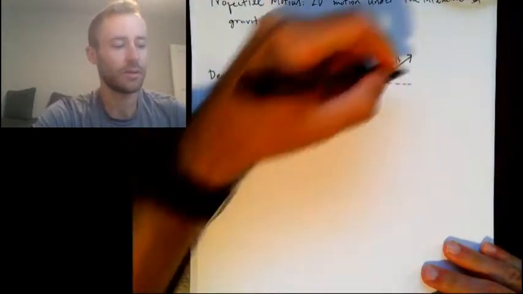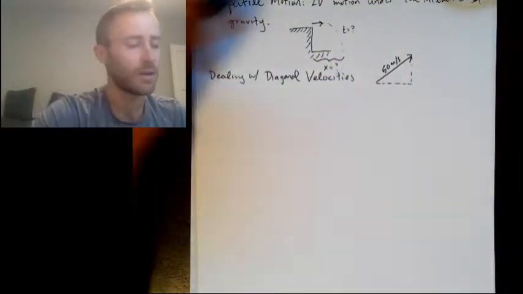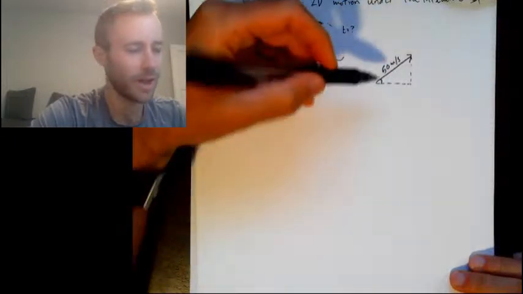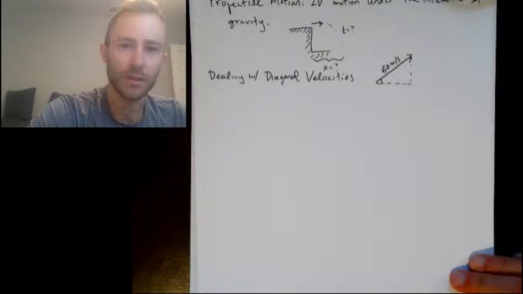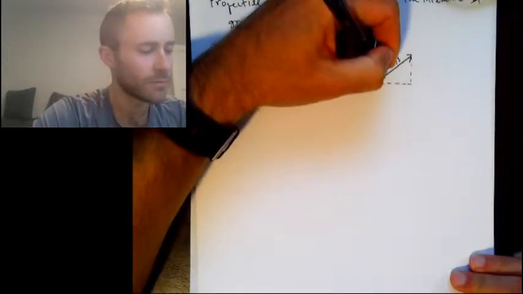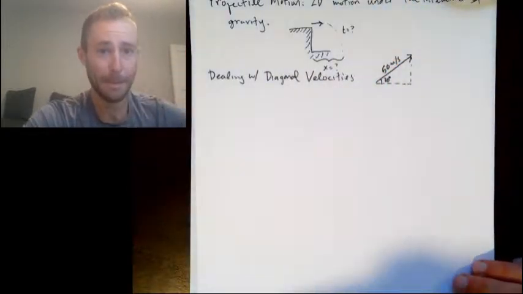So I make a right triangle out of the velocity, like so. And I would specify whatever this angle is. This is called the angle with respect to the horizontal. And let's say that angle is 30 degrees, for example.